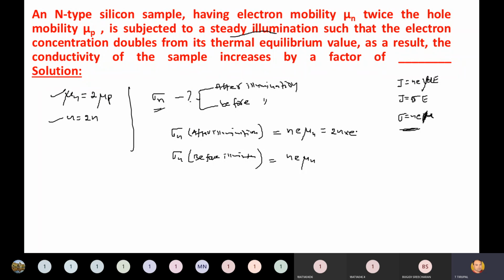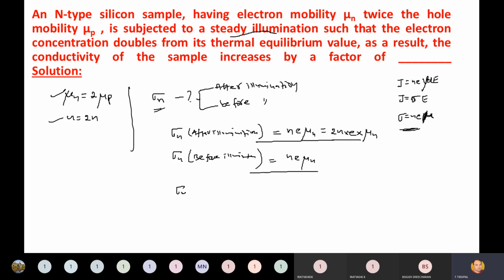But again you need to find the relation between mu n and mu p. But here only mu n is involved, so instead of changing it to mu p, please keep it like that only. 2n into e into mu n, this is after illumination. Before illumination, N e mu n.